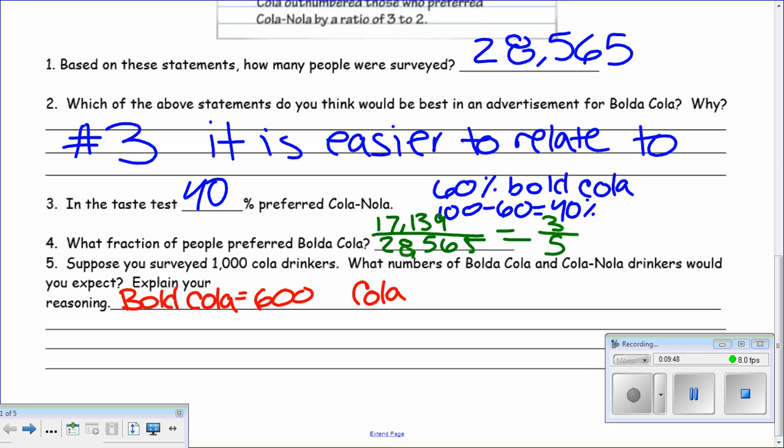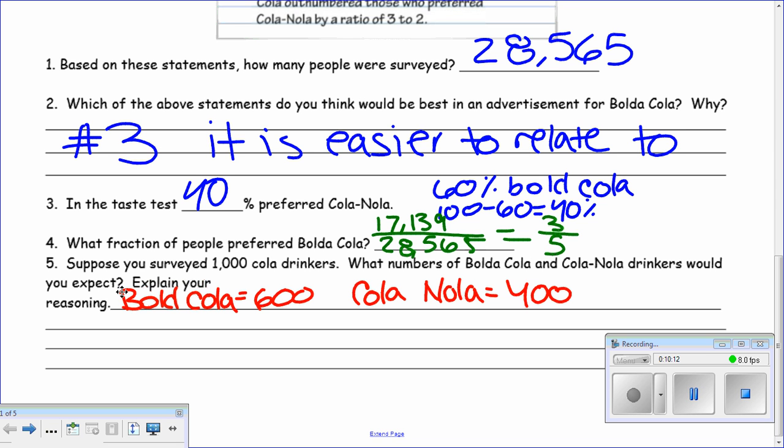So we took 60% and got the ratio, and we ended up getting 600 people. We added the 0 because it was 1,000 cola drinkers, and then 400 because it was 40% for Cola Nola.